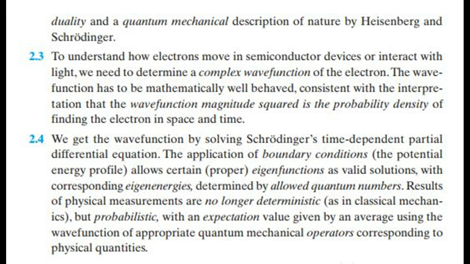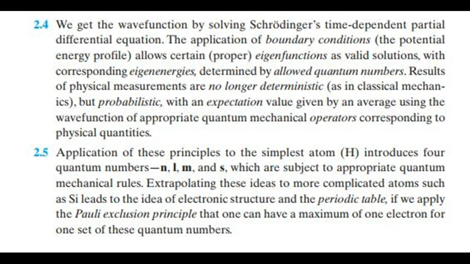by allowed quantum numbers. Results of physical measurements are no longer deterministic, as in classical mechanics, but probabilistic, with an expectation value given by an average using the wave function of appropriate quantum mechanical operators corresponding to physical quantities. 2.5 Application of these principles to the simplest atom, H, introduces 4 quantum numbers n, l, m, and s, which are subject to appropriate quantum mechanical rules.